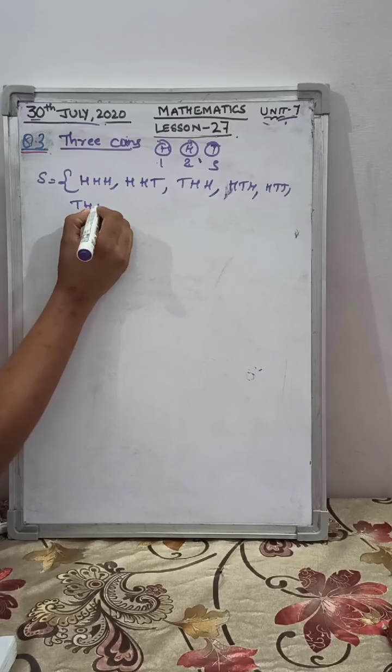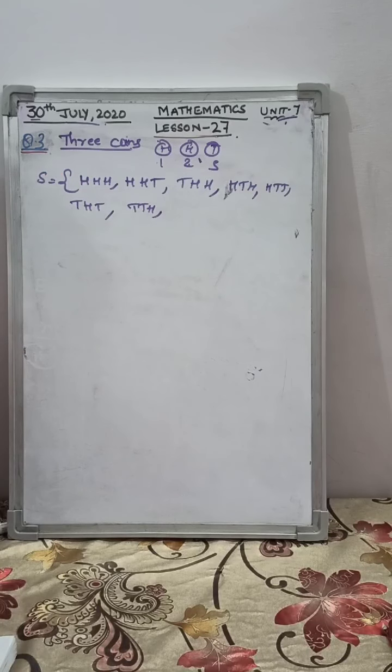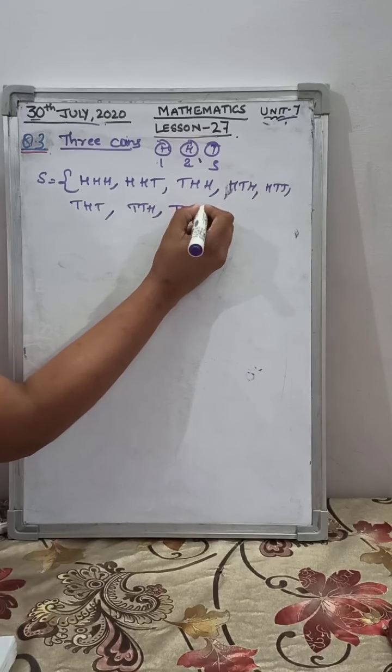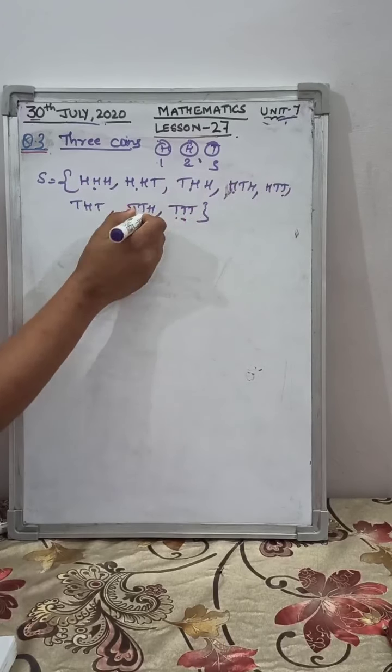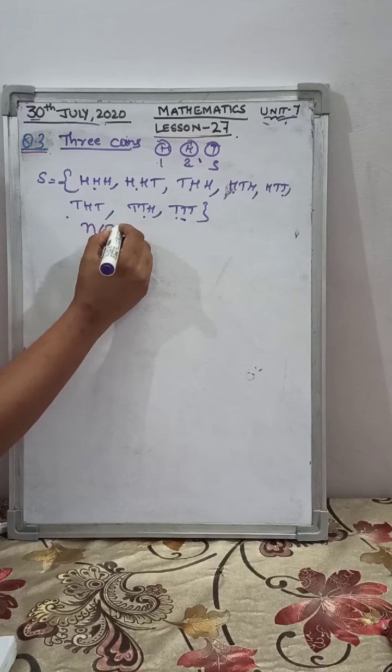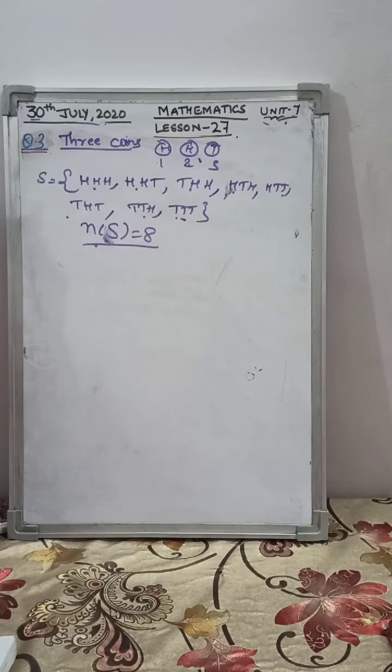Second is having the head, other 2 are having the tail. The third is having the head, other 2 are having the tail. The 3 are having the tail. So 1, 2, 3, 4, 5, 6, 7, 8. So the number of elements in the sample space is 8. 8 elements will be there.